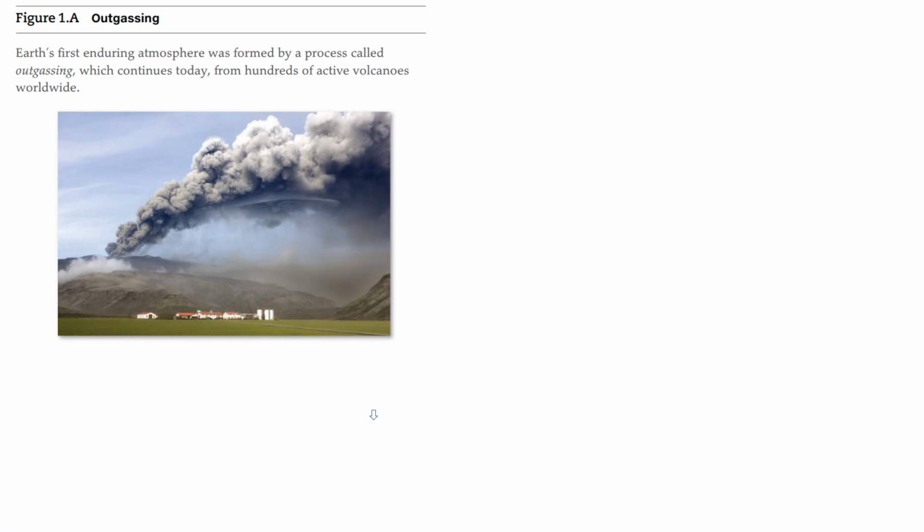As you can see in this picture, it has been said that the Earth's first enduring atmosphere was formed by a process called outgassing, which is a process that continues until today from hundreds of active volcanoes worldwide. Outgassing is a process through which gases trapped in the Earth's interior are released.